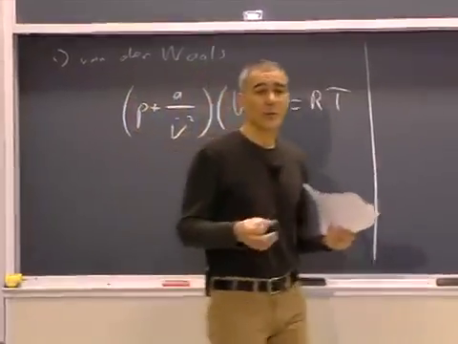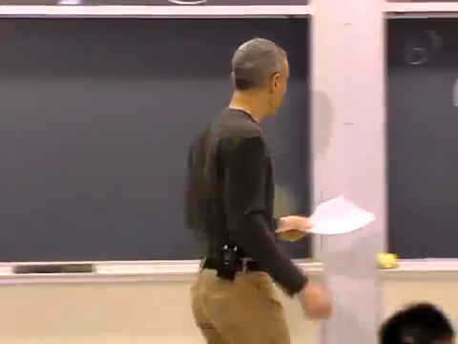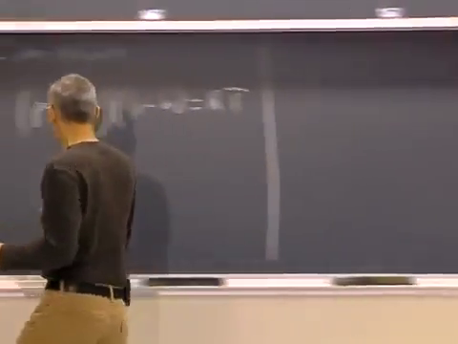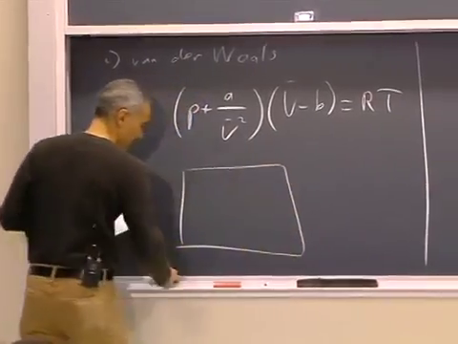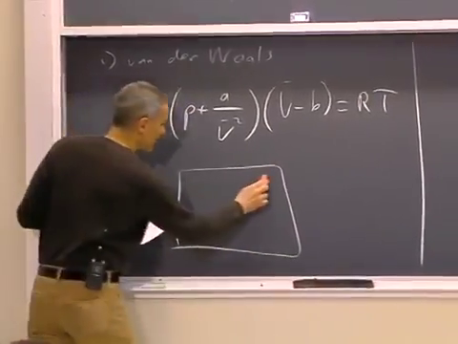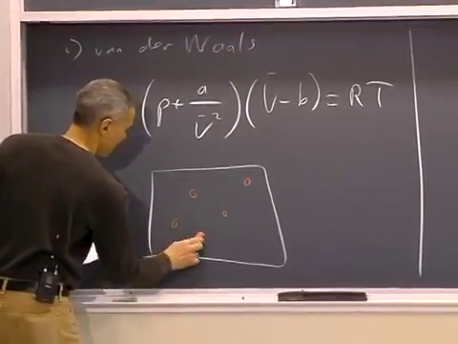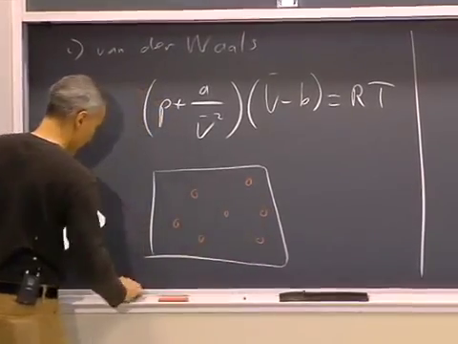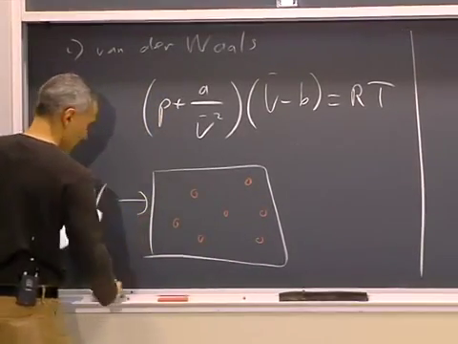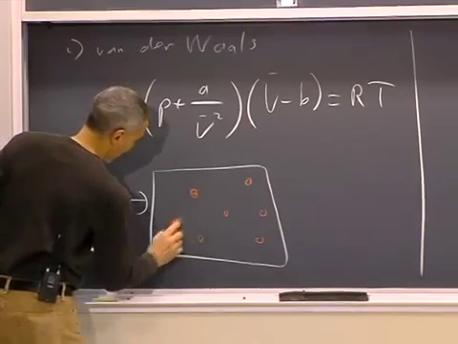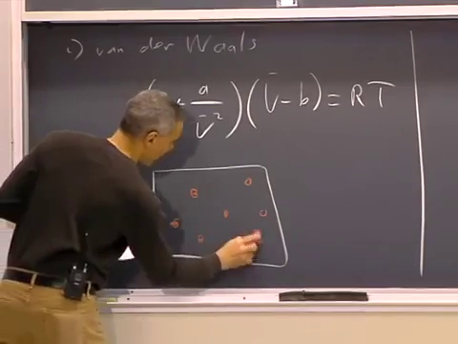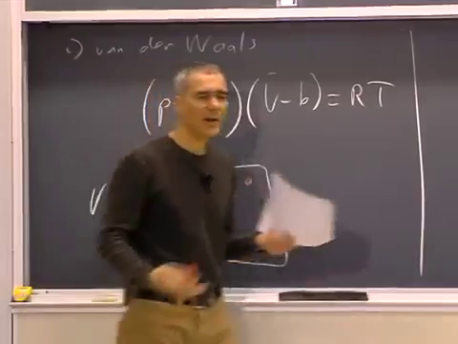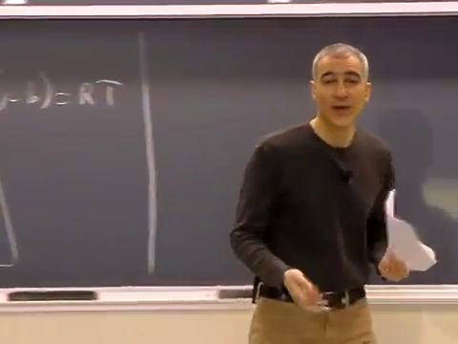So the first thing we're going to do is take our gas in our box. Let's build a box full of gases here. We've got a bunch of gas molecules, or atoms. Okay, there's the volume of the box here. Well, these gas molecules, or atoms, to first approximation, are like hard spheres. They occupy a certain volume.